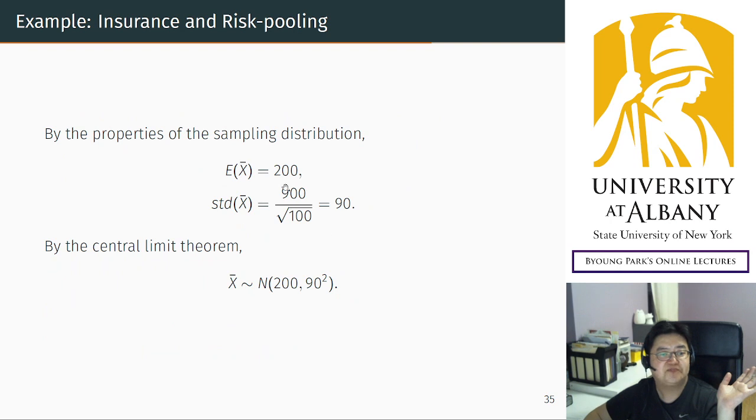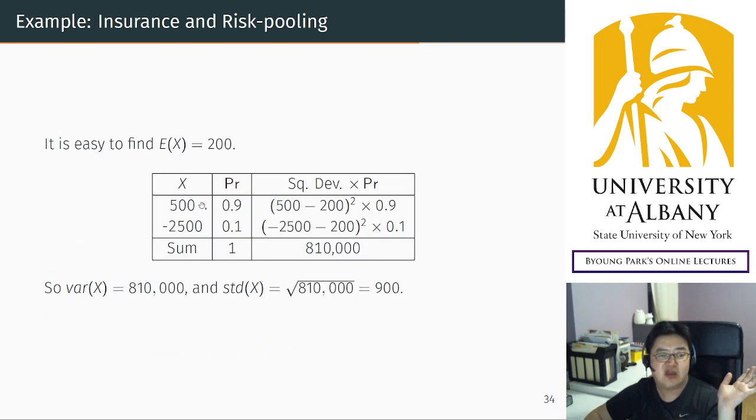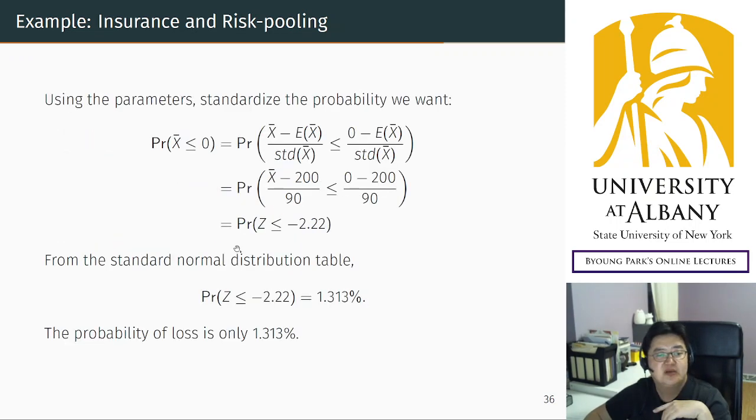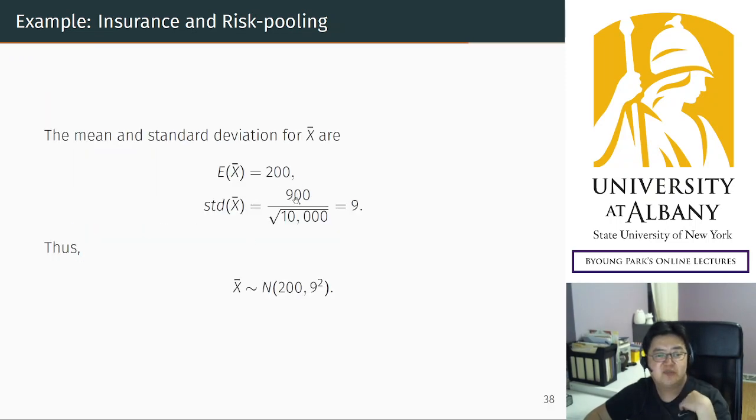Remember, we calculated the expectation of a single x and the variance of a single x, a single person, and we use the same numbers, but the difference here is the mean does not change. The mean does not change, but the standard deviation changes because now the sample size is 10,000. So the square root of 10,000 equals 100.